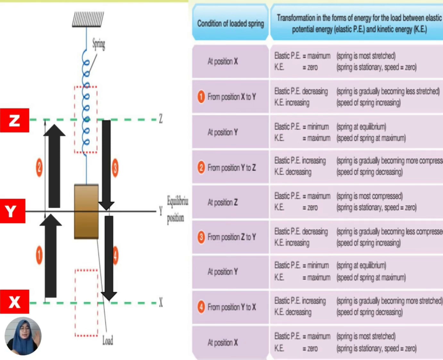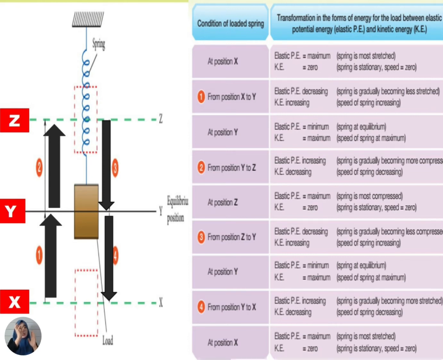The elastic potential energy is maximum because the spring is more stretched, and the kinetic energy is zero because the spring is stationary and the speed is zero. Next, the action from X to Y again.